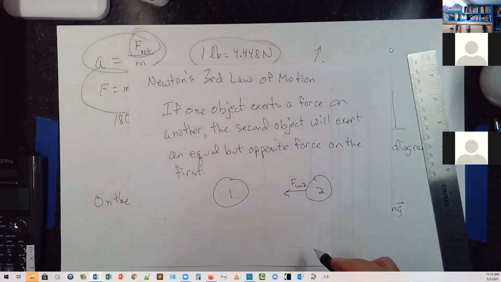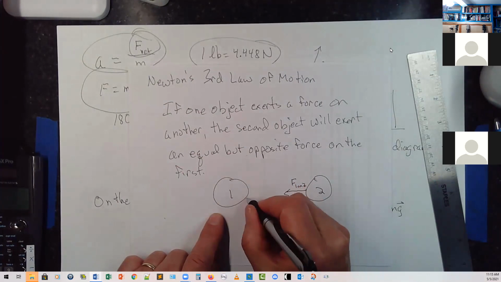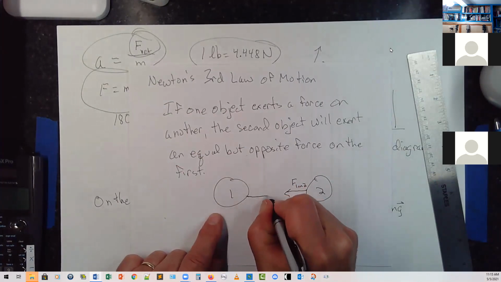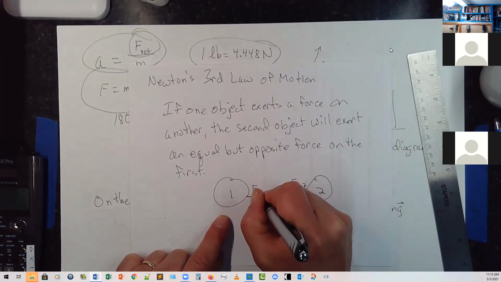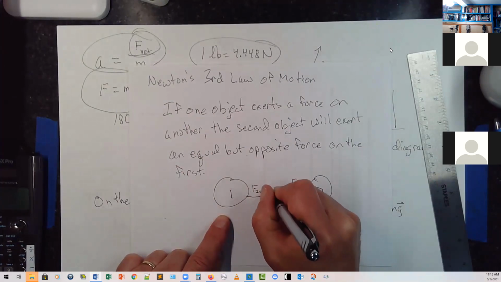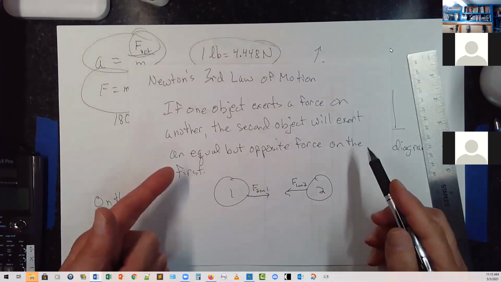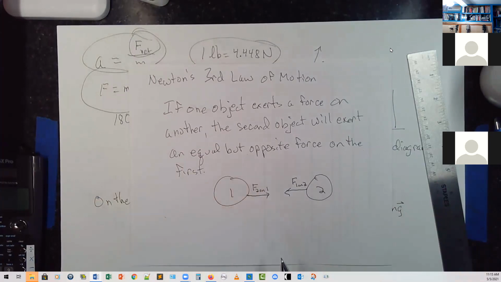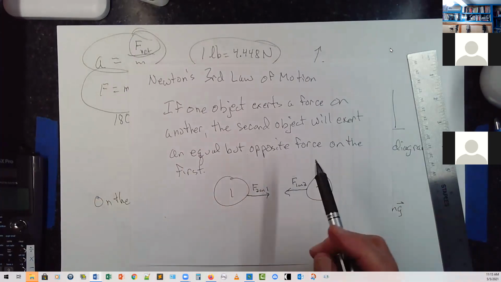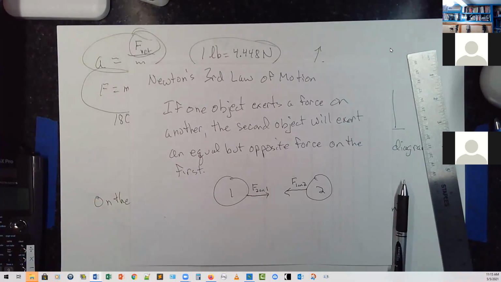Well, according to this, object 2 will exert a force on object 1. This is the force of 2 on 1. And these are equal forces. That means equal in magnitude, but they're opposite in direction. And so that's what the equal and opposite part has to do with.